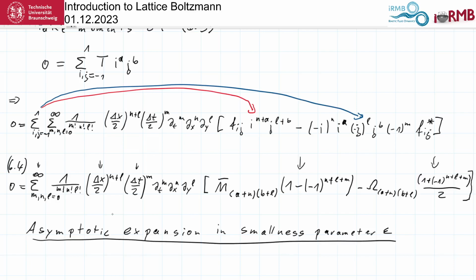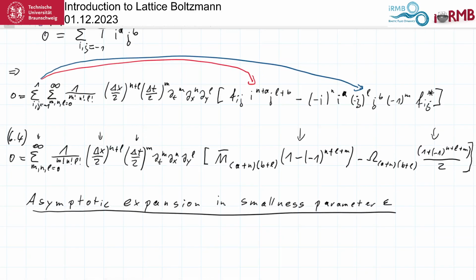Now, what actually is the asymptotic expansion? Before we talk about it, we have to talk about the smallness parameter. The smallness parameter, epsilon, is a discretization-dependent or specific scalable parameter.